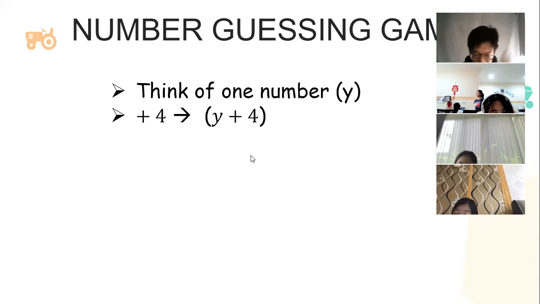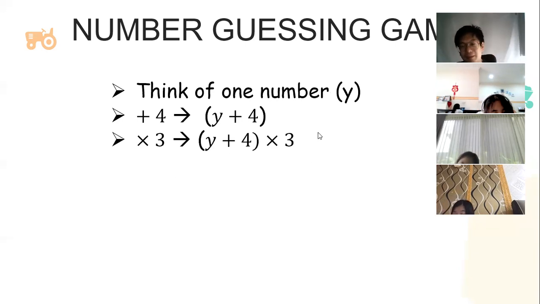I did it mentally, or on a piece of paper, and I don't know the number. I just think of one number, any number. Then you multiply by 3. After you multiply by 3, you get 3y plus 12, right? How come? Because every number in this bracket is multiplied by 3.